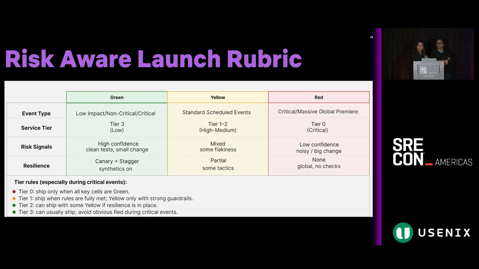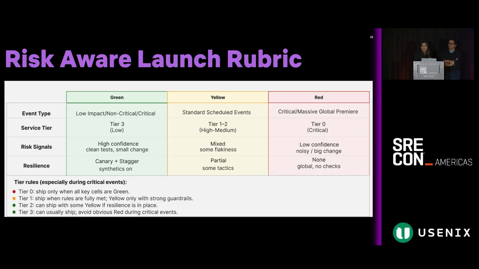It takes everything we discussed: event type, how critical the moment is for us; service tier, how close you are to the core experience; risk signals; and lastly, resilience tactics, and turns it into a clear "can you bypass the freeze" decision for us. So if you meet the criteria for your tier and event, the rubric says, yes, you can ship. If you don't, it blocks you and it kind of nudges you.